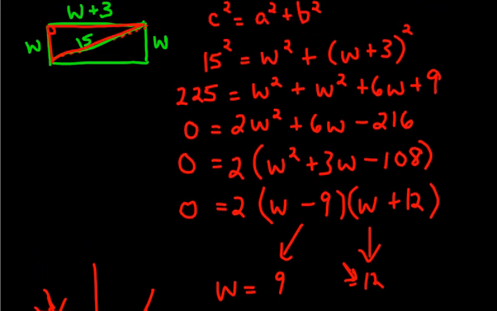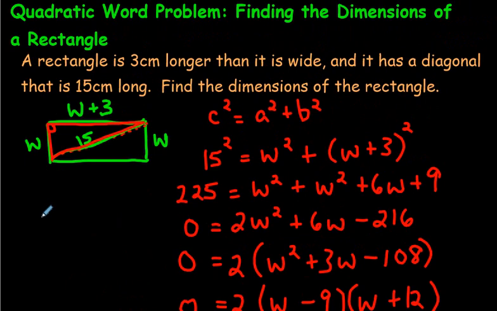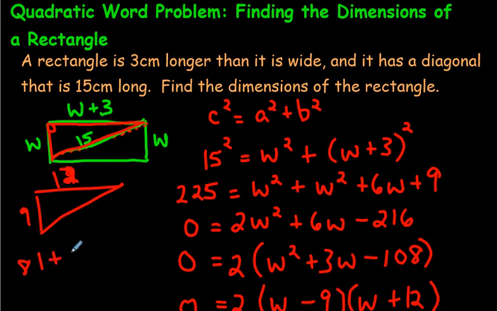Now let's see if that makes sense. We have a triangle right here. Apparently this is 9, and apparently this is 12. If we were to use the Pythagorean Theorem, if we went 9 squared plus 12 squared, well, that would be 81 plus 12 times 12 is 144.